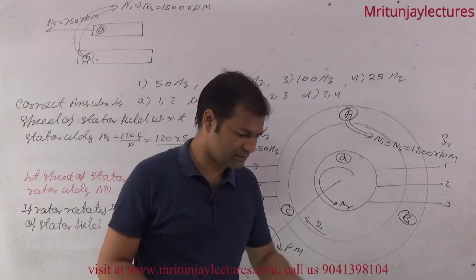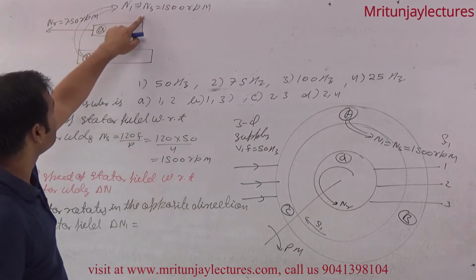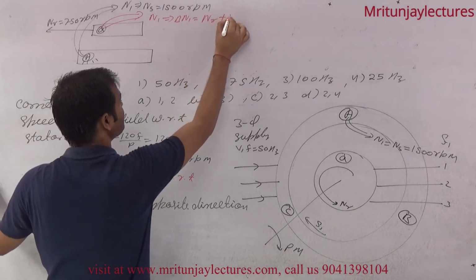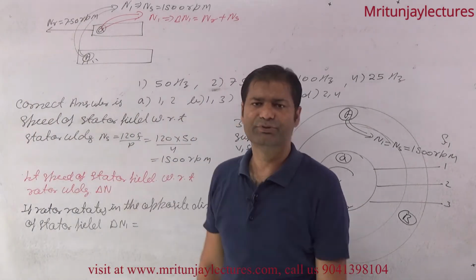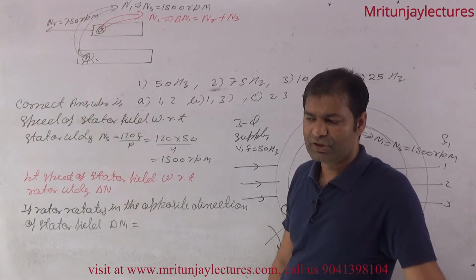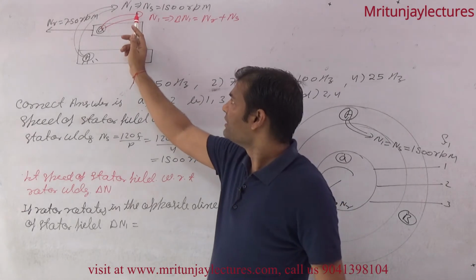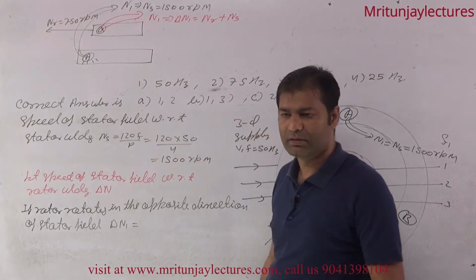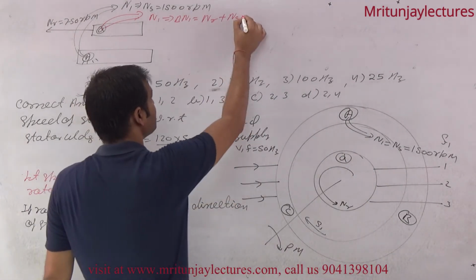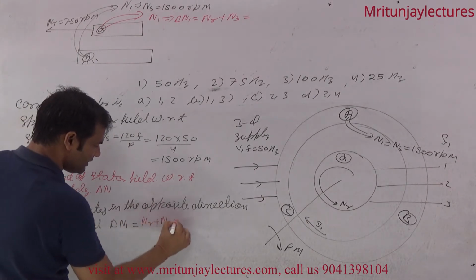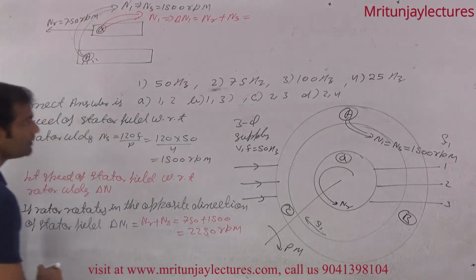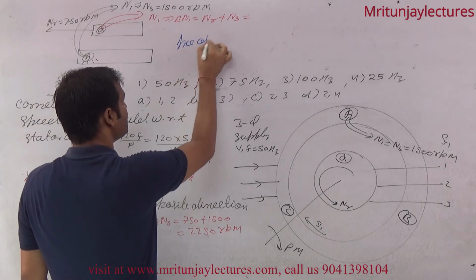If you sit on the rotor winding and see the stator field, the speed is delta n1 equal to ns plus nr, with nr 750 and ns 1500 rpm. So we get 2250 rpm. Clear?